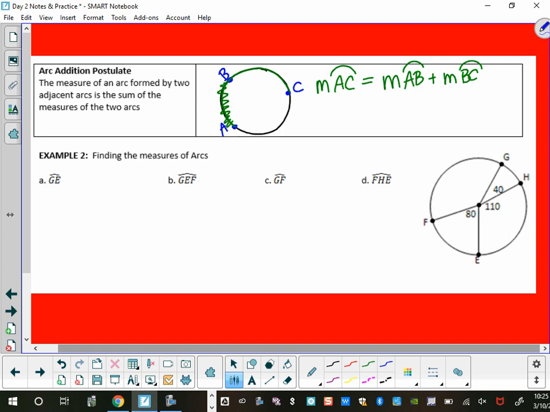Guys? Add them and do what? So you can add them all up and subtract from 360, or you could do 360 minus 80 minus 110 minus 40. What are you left with? Let's subtract all those angles from 360.